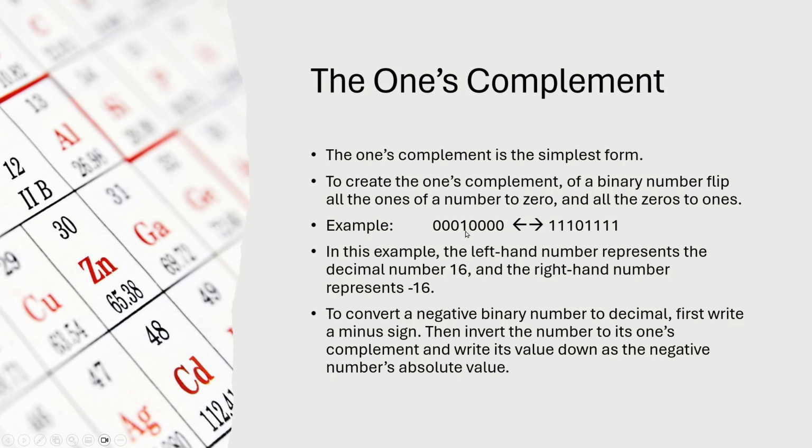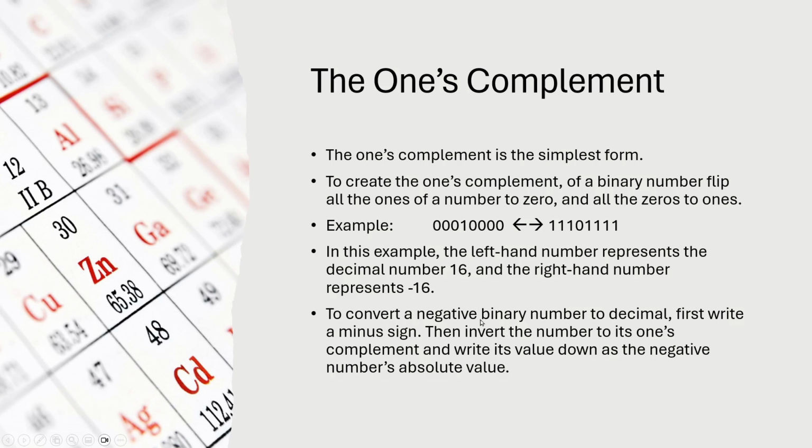This one is in the 2 to the 4th power column, and 2 to the 4th power is 16. Similarly, but perhaps confusingly, this 0 is in the 2 to the 4th power column, and it represents the number negative 16 in this case because it starts with a 1.